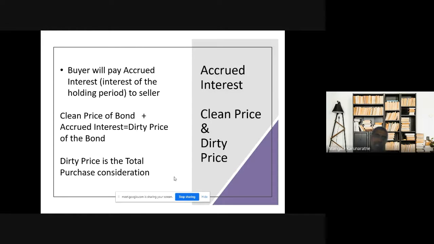As such, in bond trading, we have a different practice and different regulations for this. So the buyer will have to pay the dirty price at the time of purchase, that is the clean price plus the accrued interest portion.